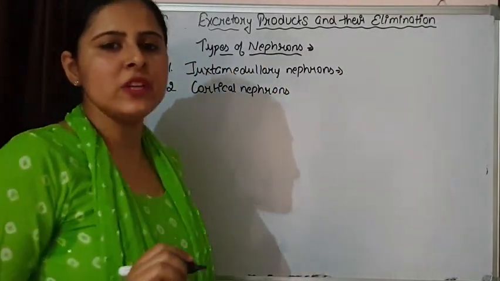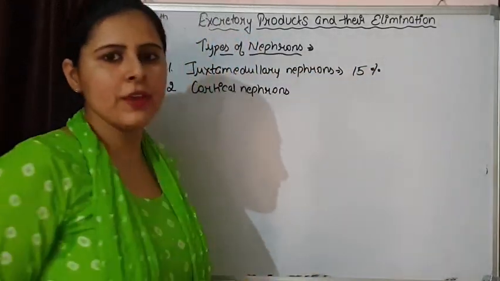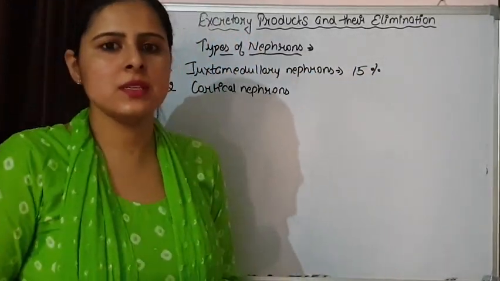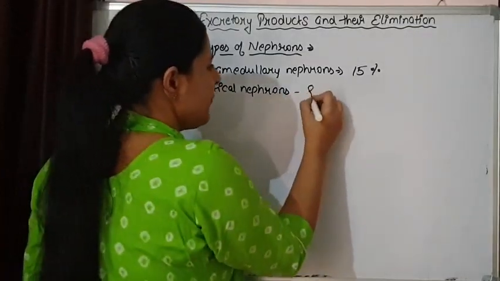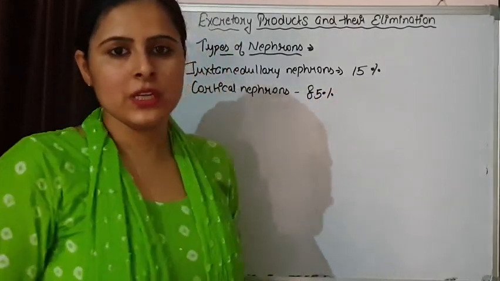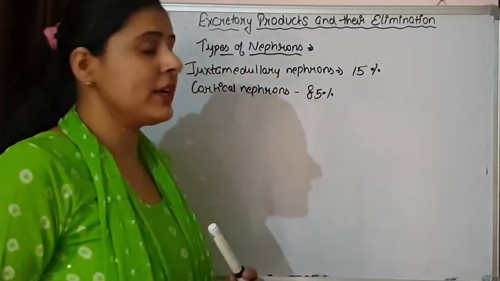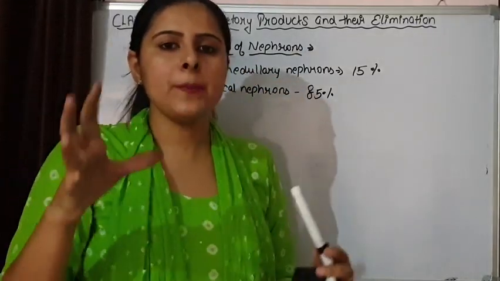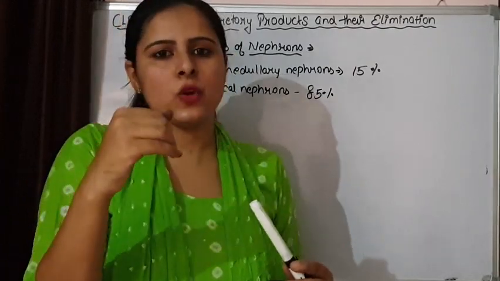The juxtamedullary nephrons are 15% of the total nephrons that are present. How can we differentiate between them? The cortical nephrons are 85% of the total nephrons. In the juxtamedullary nephrons, the upper part, the Bowman capsule, is present deep inside the cortex.